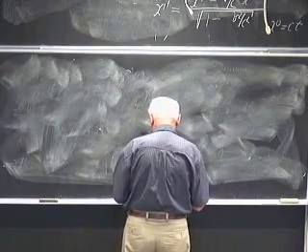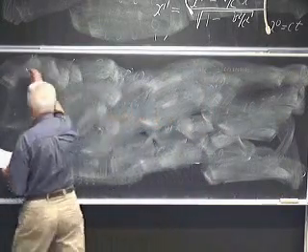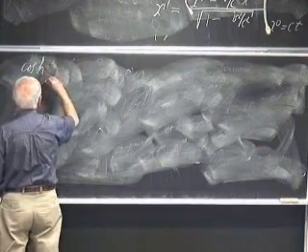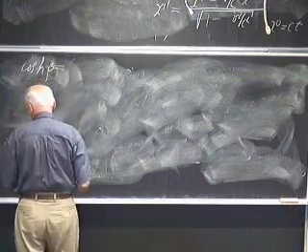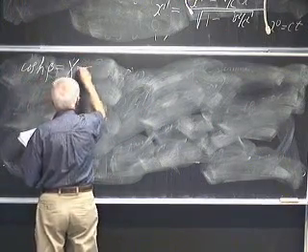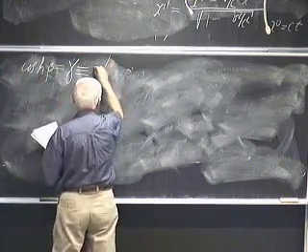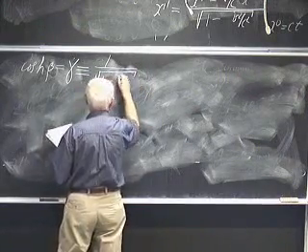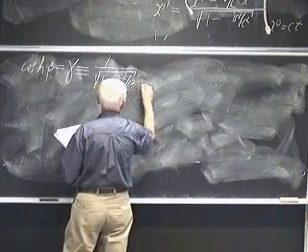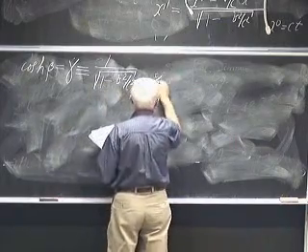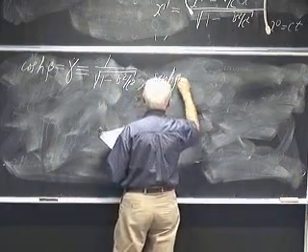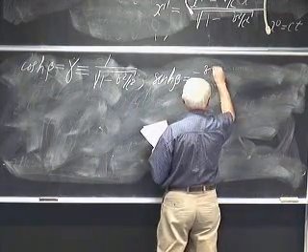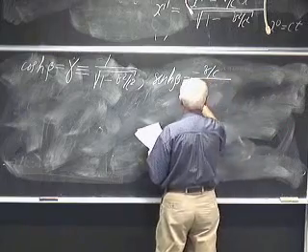So let us compare, and we immediately get the result that hyperbolic cosine of beta is gamma, which is defined like this, the inverse square root. Hyperbolic sine of beta is nothing but minus v over c.